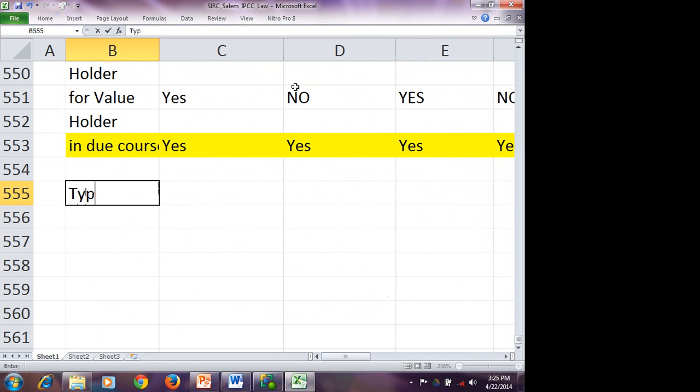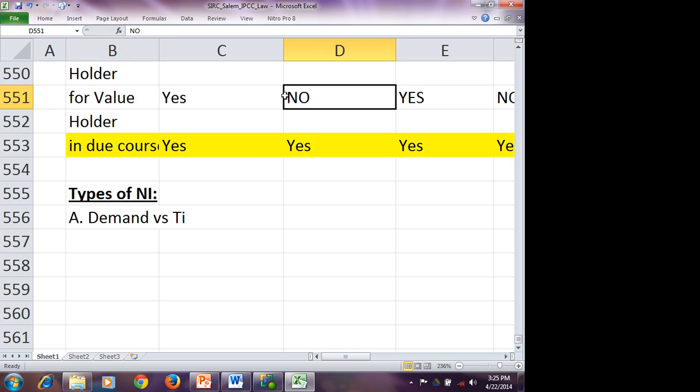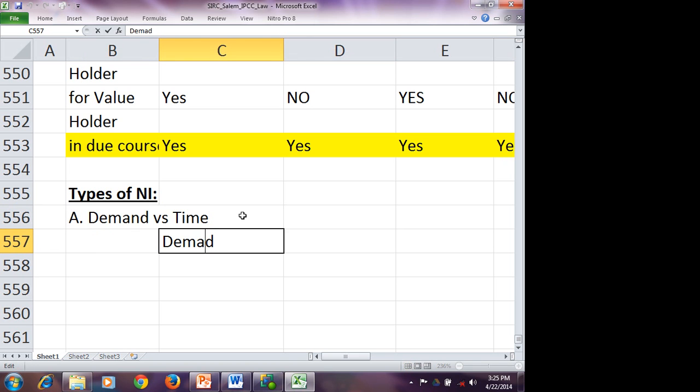So, coming back to the next segment, different types of negotiable instrument. There are different ways in which the types could be classified. One is called demand versus time instruments. What is called a demand instrument? What is a time instrument?